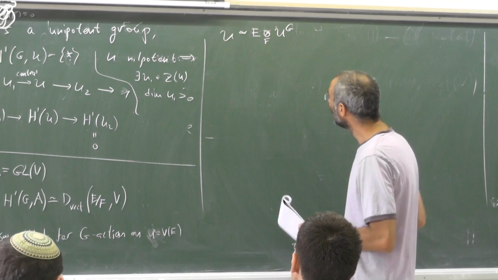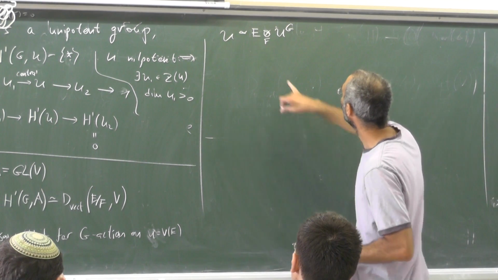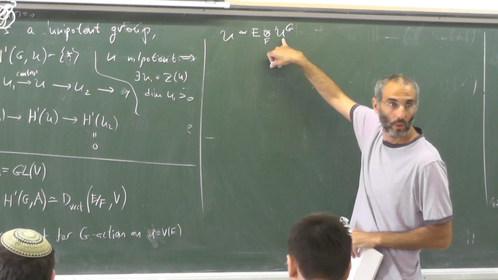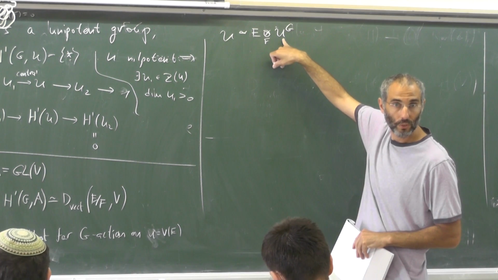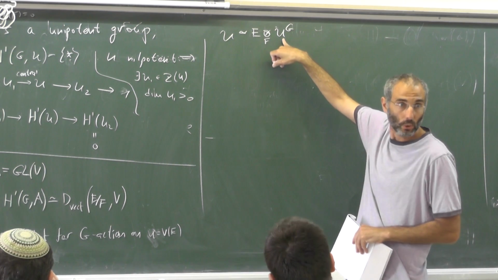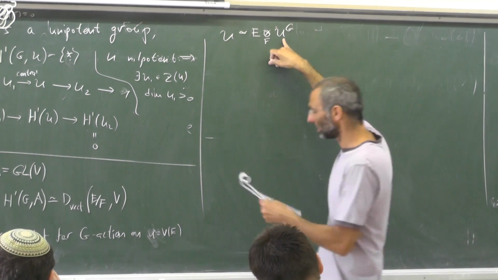And this means that the forms of U are always F vector spaces of the same dimension.